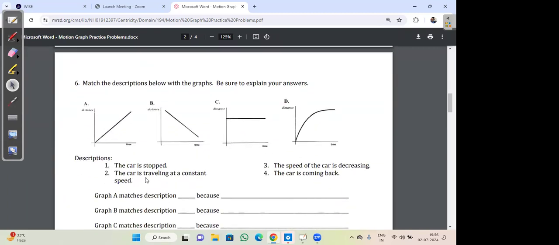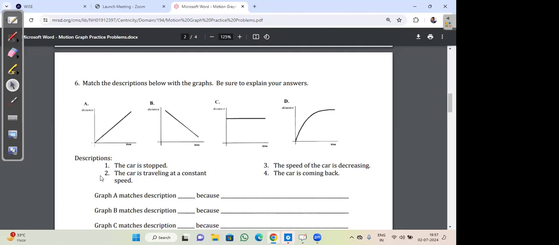Then match the description below with each graph. Be sure to explain your answer. Sir, A is the car traveling at a constant speed, because in a distance time graph a straight line shows constant speed. You have the options here.